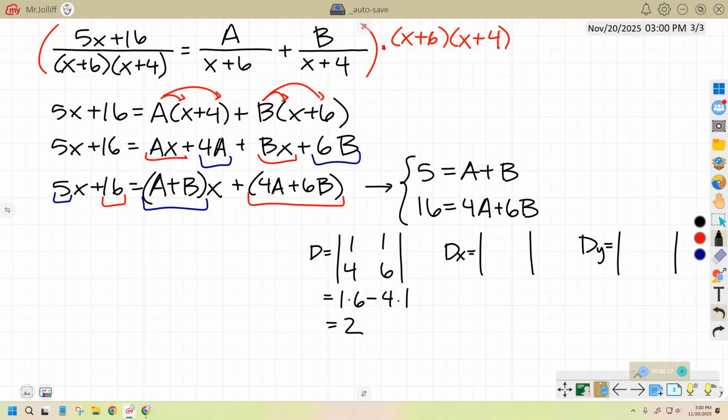For Dx, I'm replacing the x column, so the y stays the same. For Dy, I'm replacing the y column. The x stays the same. In those missing columns, what do I write in their place? 5 and 16. Very good. The answers.